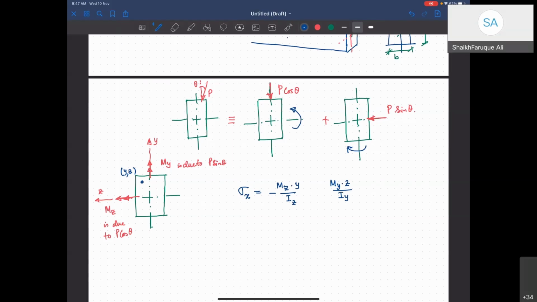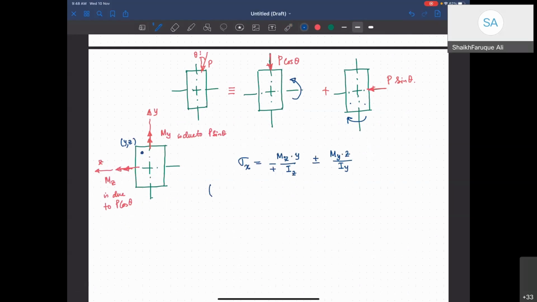So if I have a moment like that, this side is going to be tensile and that side is going to be compressive. And for the other load, this side is going to be tensile and the upper side is going to be compressive. So you have to look at that very well. You have to look at the conditions that you might have here, plus or minus, based on which coordinate you are.